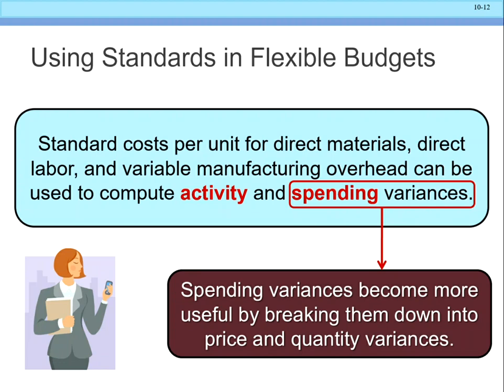Otherwise, the variance that is caused by different operations, like in my example, is the variance between what we budgeted and what we have flexed. Like I said, we budget to produce 100 units, and our plan is to spend $10 per unit. So that translates to 1,000.